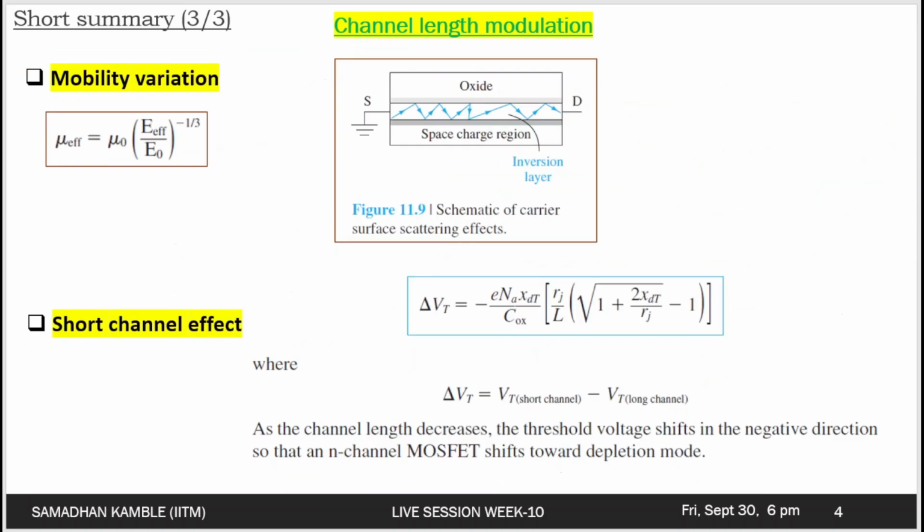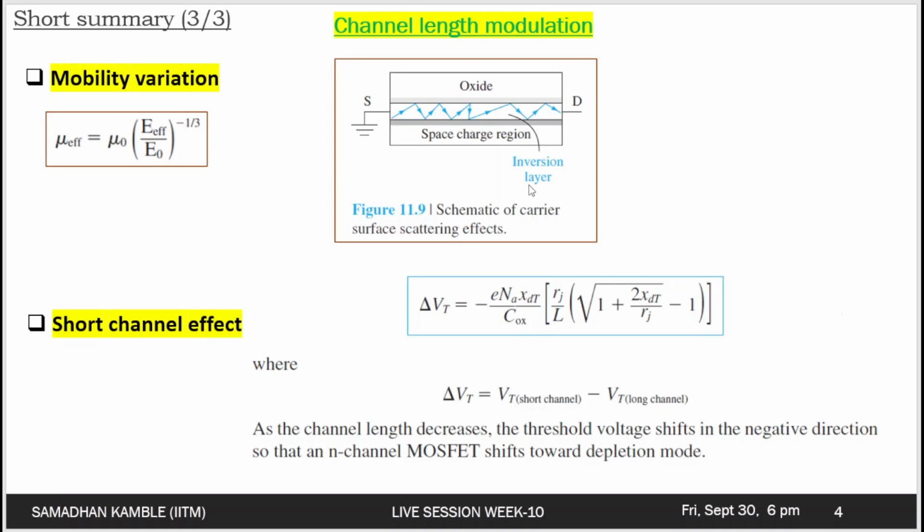Going to the third and the final slide for the review, that is the recap, in which we saw the variations in the mobility. In the derivation of the ideal IV relationship, we explicitly assumed that the mobility was a constant.